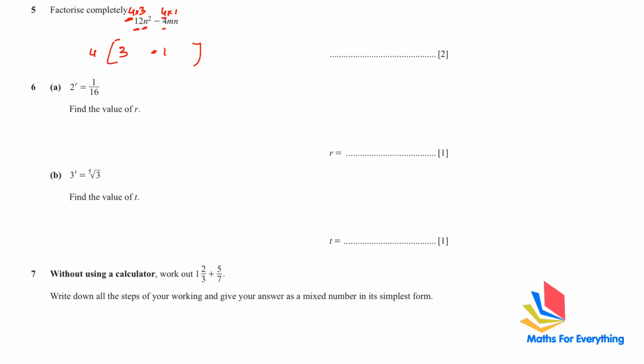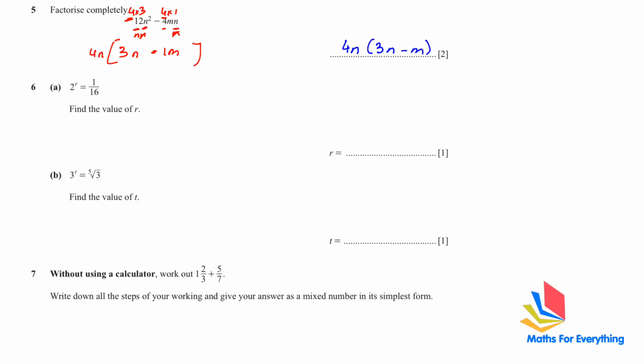And then n square and n. N square means n multiplied by n, right? And there's one n here. So again, one n is common. We remove that out. We are left with n and n. We can write it as 4n, 3n minus n.